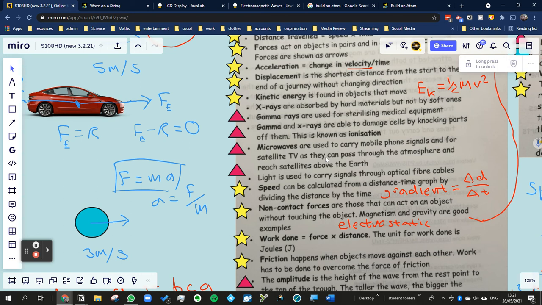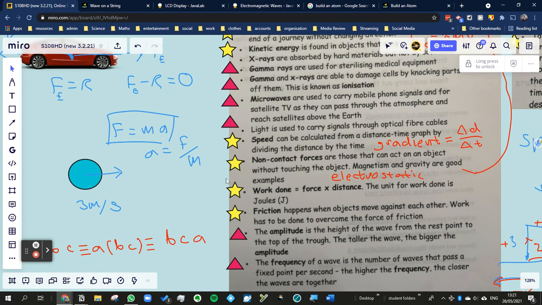So radio waves, I presume, can't pass through the atmosphere, so what we can do is bounce them off the atmosphere and get them to follow the curvature of the Earth, and reach other transmitters that might have gone beyond the horizon. So microwaves go outside of the atmosphere to reach satellites and then bounce back in, whereas radio waves can just reflect off the atmosphere to reach the transmitter and the receiver.